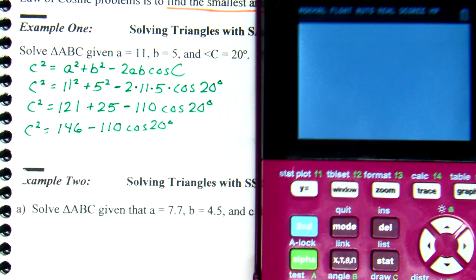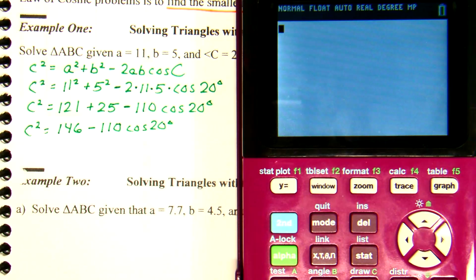Of course, my calculator is still in degrees mode. And you can honestly just go ahead and do 146 minus 110 cosine of 20. You'll find out here in a moment, right?